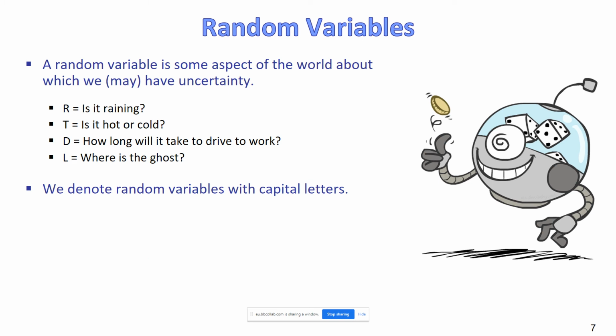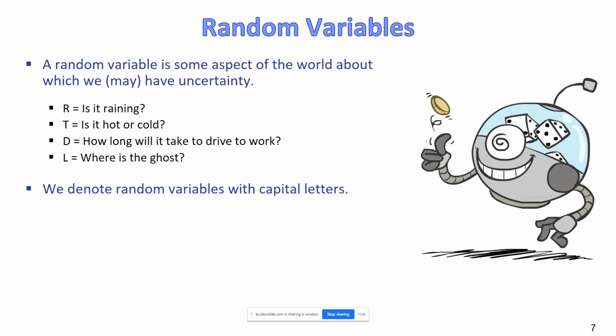Okay, now let's define random variables. So a random variable is something in the world that we are uncertain of. Like what? Like whether it's raining or not, or it will be raining or not. Whether it's hot or cold. How long will it take to go to the work?